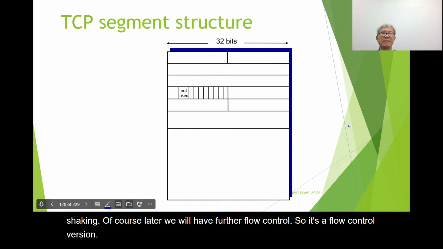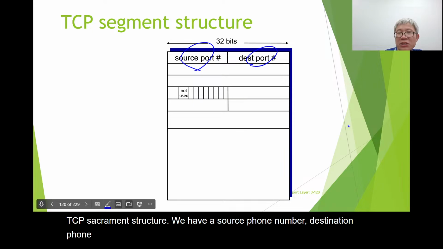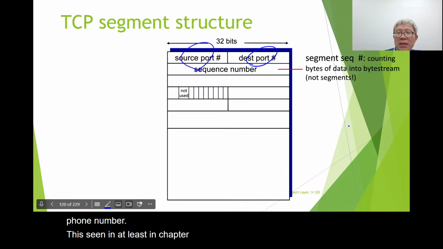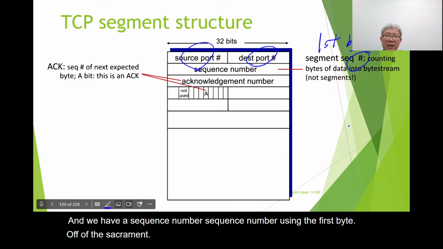Well, TCP segment structure. We have a source port number and destination port number, as seen in chapter 2. And we have a sequence number, which is the first byte of the segment. And we have an acknowledgement.